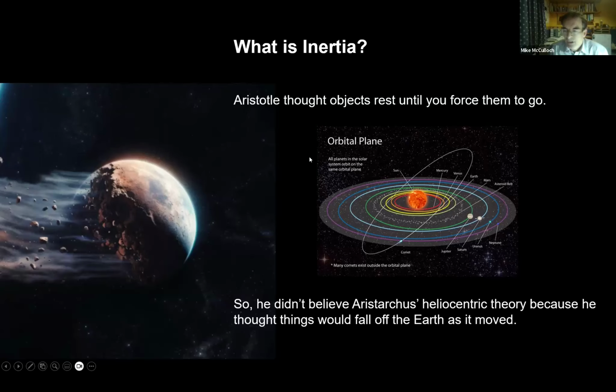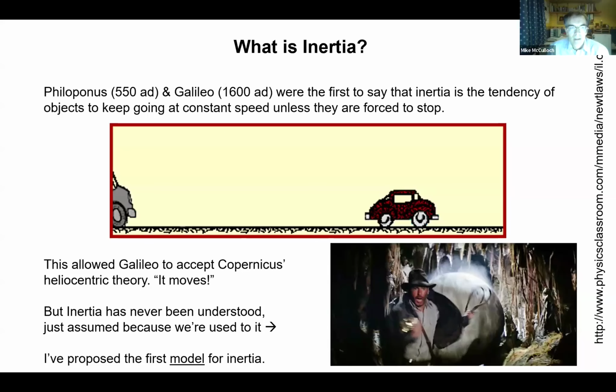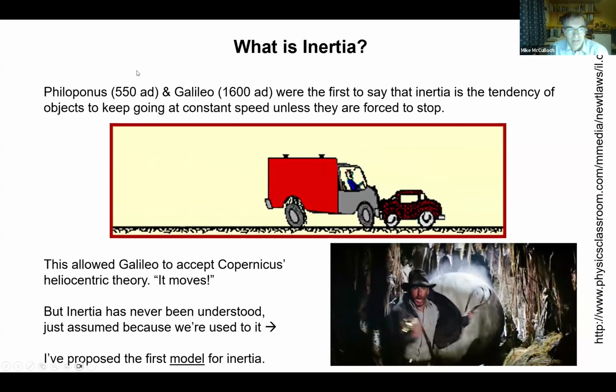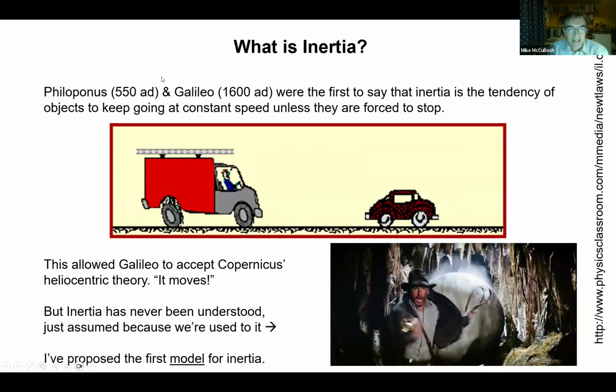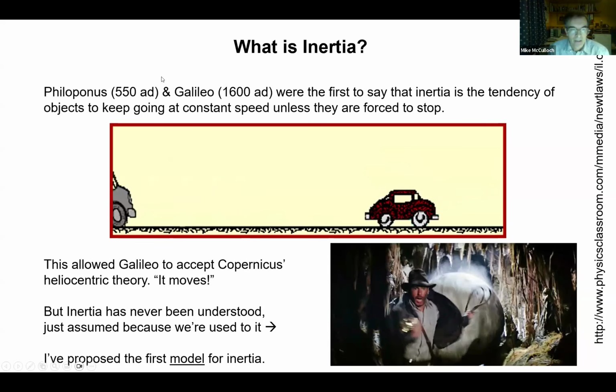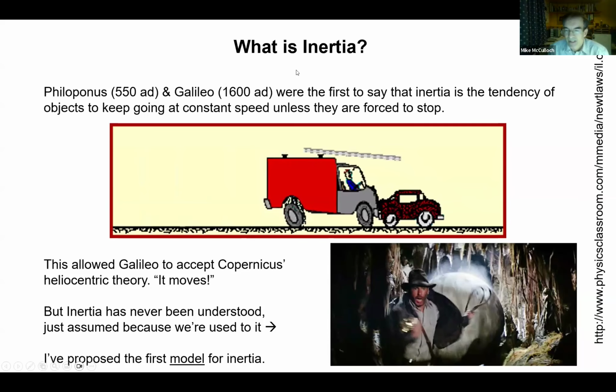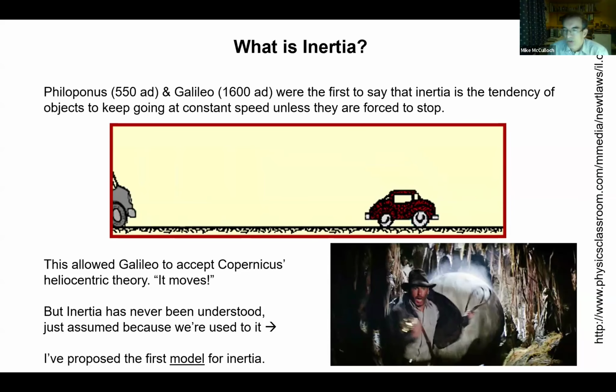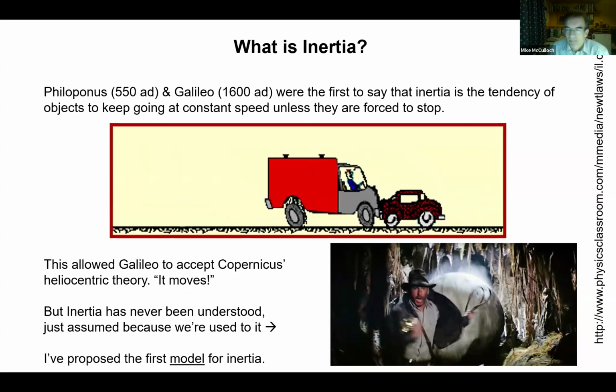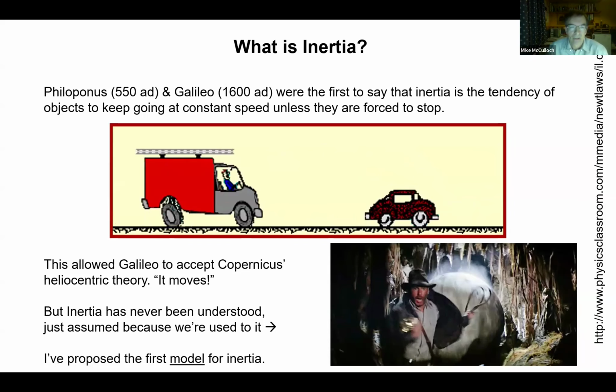And in fact, the word inertia is Latin for laziness. This was Aristotle's thought, that things tend to stay at rest. But it was in the late Roman Empire that Philoponus in 550 AD first realized that the actual rule was that things tend to keep going at constant speed unless you stop them, which is closer to our understanding of inertia.